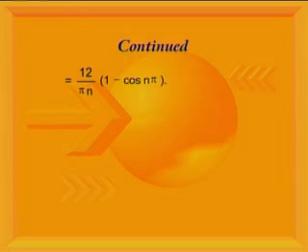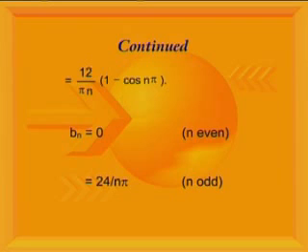And now here, if n is even, cosine n pi is equal to +1, so therefore bn becomes 0. But when n is odd, cosine n pi will be -1, so 1 minus -1 is equal to +2, so bn is equal to 24 over pi n for n odd.